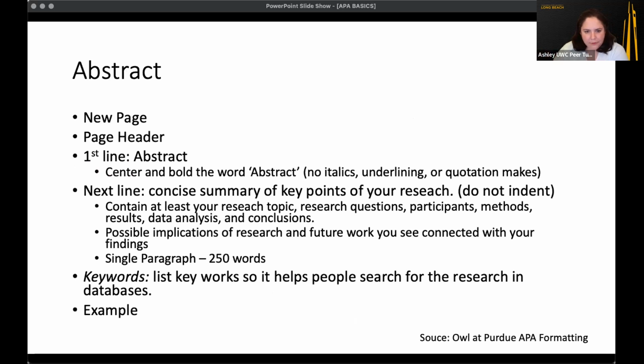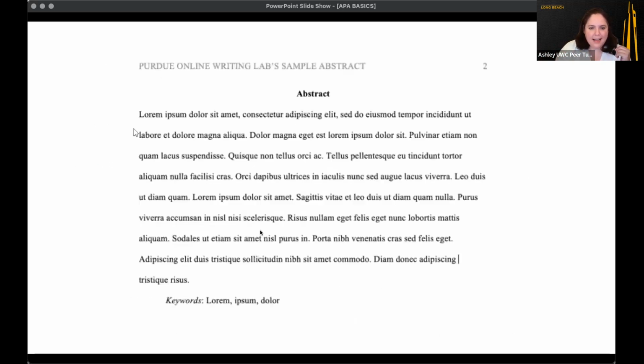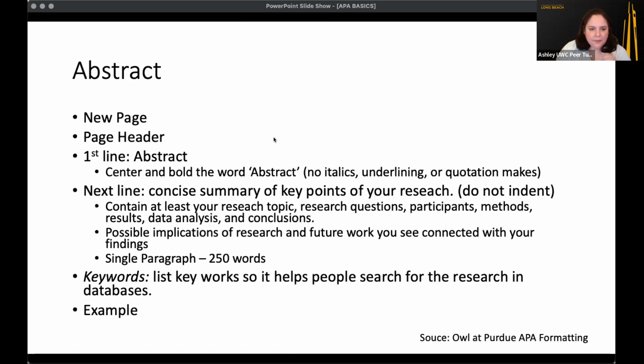Okay, so abstract. What's in an abstract? It's a new page, new header. First line is going to be the abstract title like this. It's pretty much a 250 word paragraph that states your research topic, your research questions, your participants, methods, results, data analysis, conclusions, and possible implications in the future work.